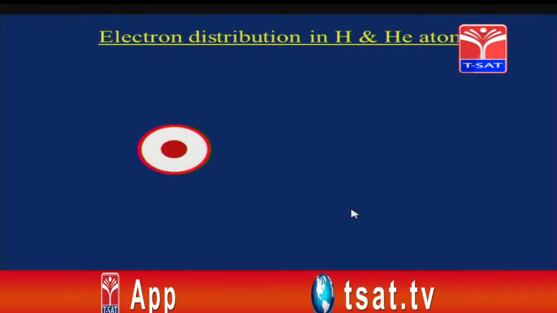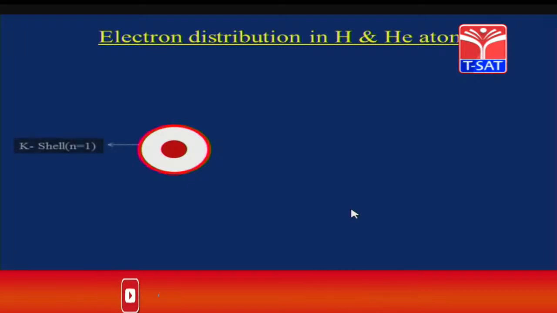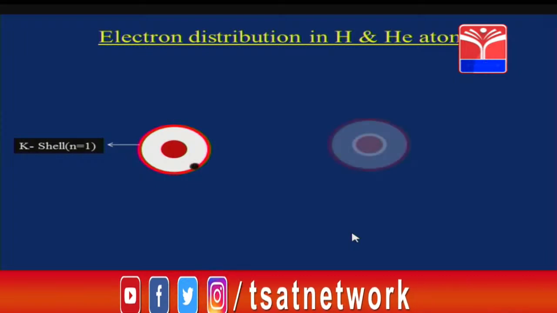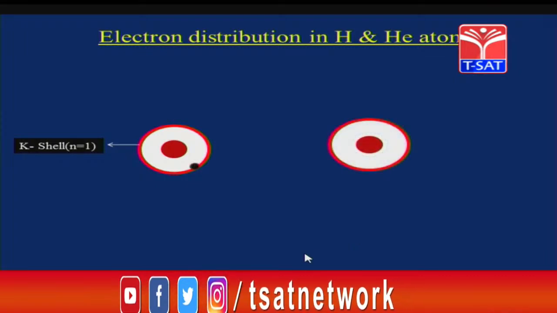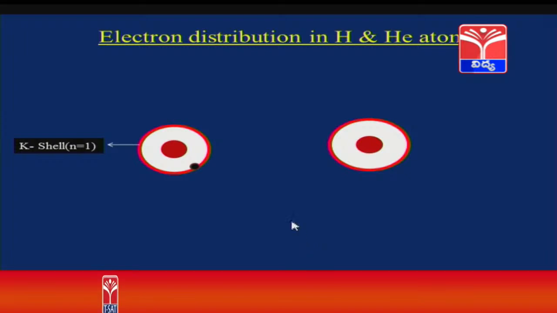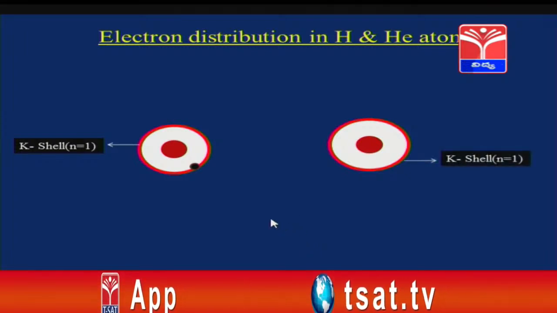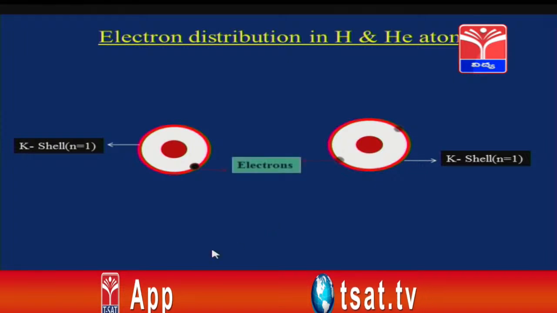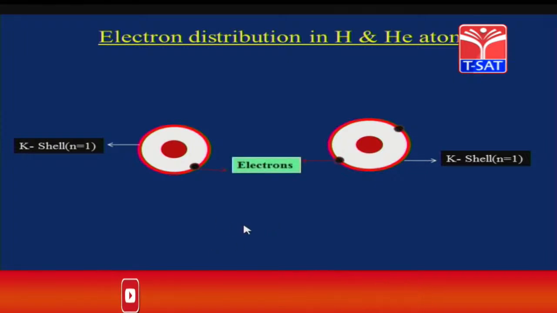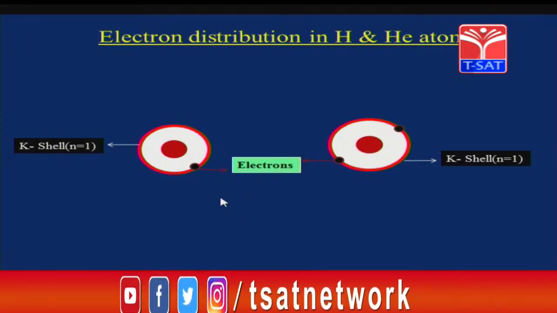The first element is hydrogen and the atomic number of hydrogen is 1. It consists of only 1 electron. That 1 electron obviously goes into the first shell, that is K shell. So, the electron distribution of hydrogen is 1 only.